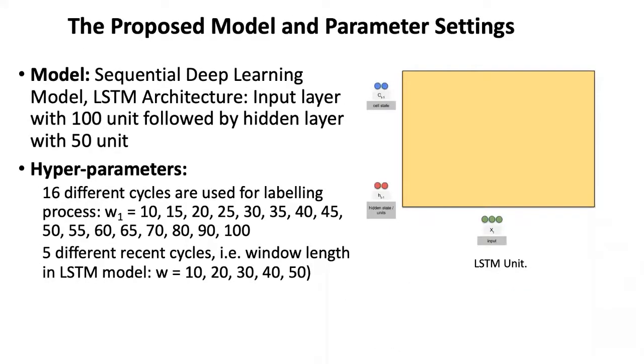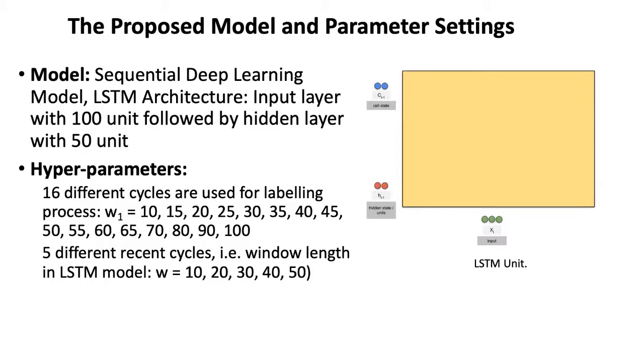The proposed model for this architecture is a sequential deep learning model using the LSTM architecture. We have used 100 hidden layers and 15 hidden input layers in this LSTM model, and the hyperparameters have been used.